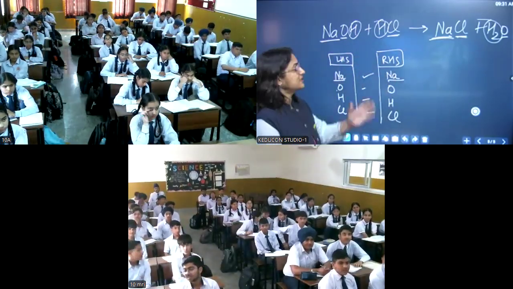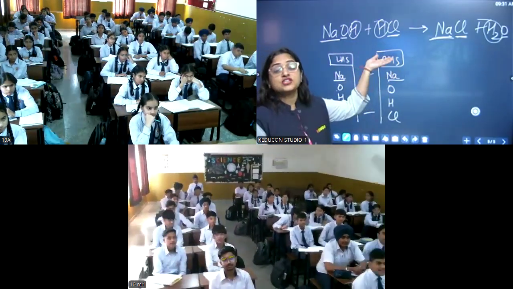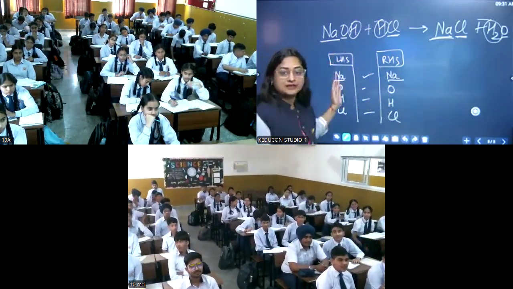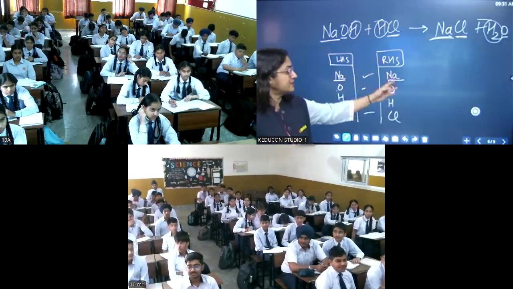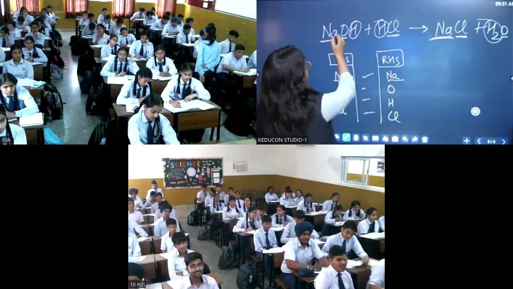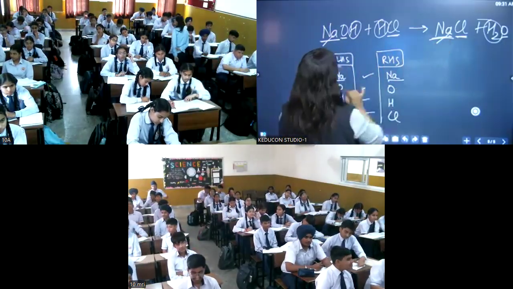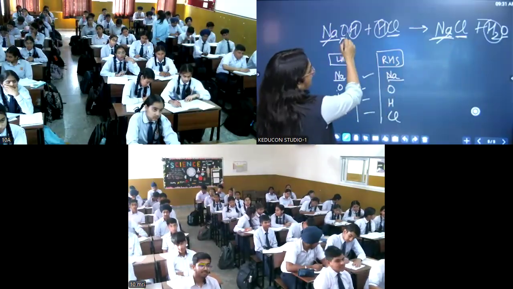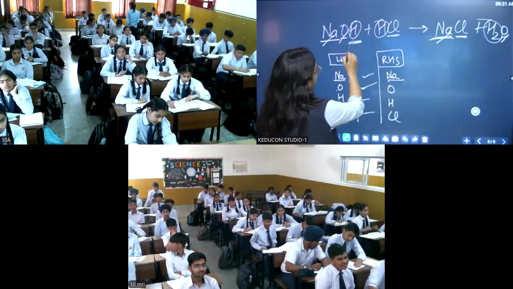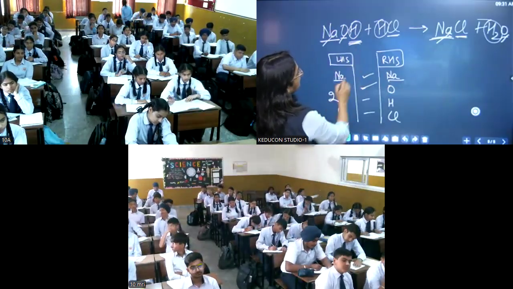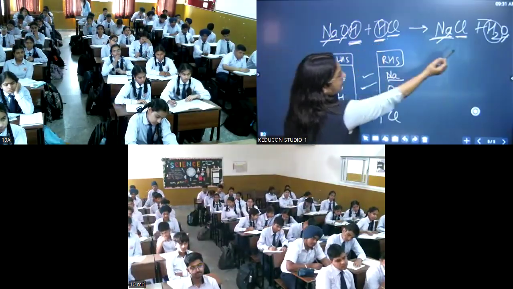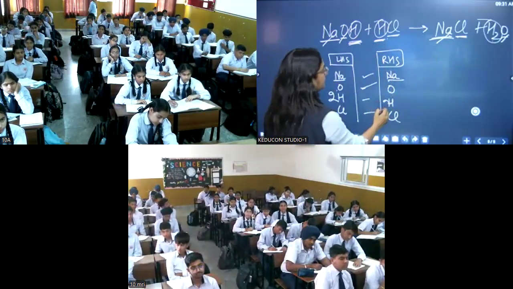I was telling that we were checking whether this equation is balanced or not. So we wrote the number of atoms on left hand side and right hand side, and we checked are they equal or not. We checked that we have just one sodium on both the sides. We have one oxygen atom on both the sides. We have two hydrogen atoms on left hand side, one in NaOH, one in HCl, and two hydrogen atoms on right hand side.